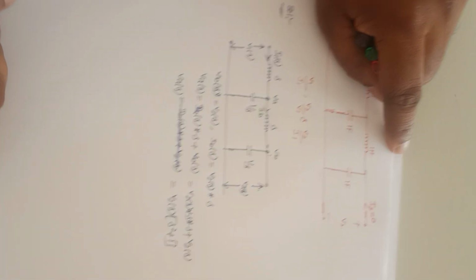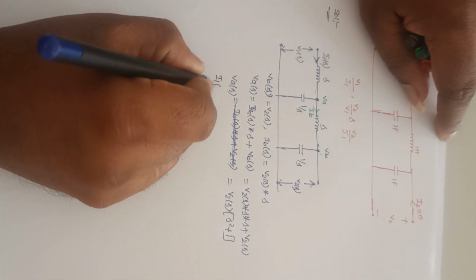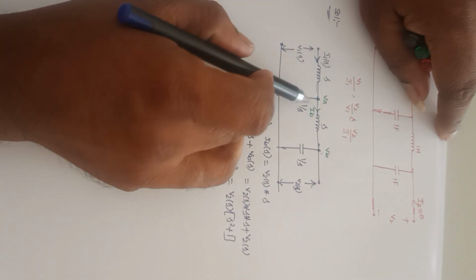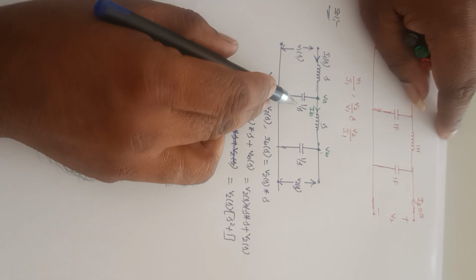Now what I need to find is I1 of S. I1 of S is equal to this current plus this current. This current is voltage into admittance, and the admittance value is S here.